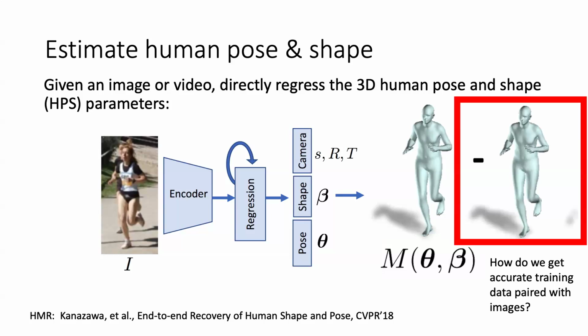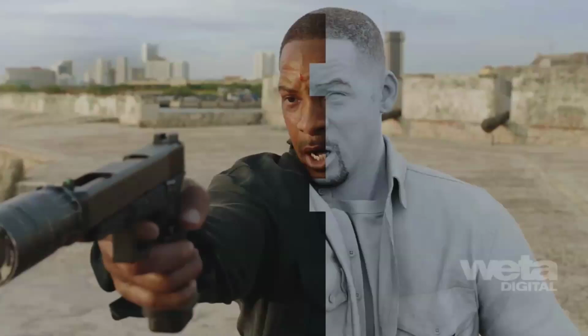So I'll come back to each of these problems throughout the talk, including one more, but let me start with the problem of how do we get training data for this? My thinking for many years has been that if I owned a Hollywood studio, I would be able to get a tremendous amount of really high quality training data.